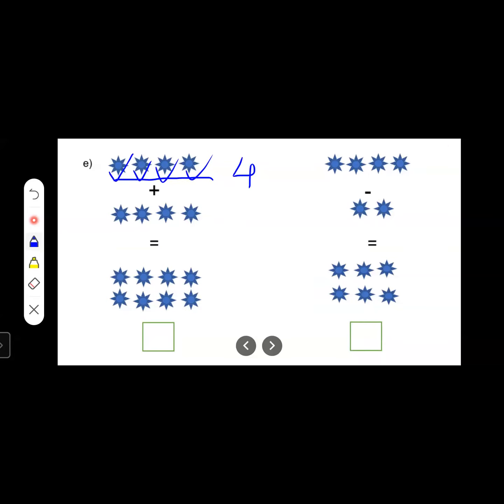Okay. Then again, you have to count these stars. How many stars are given? 1, 2, 3, 4. And here which sign? Plus sign. That means we have to add 4 plus 4. Take 4 in your hand.